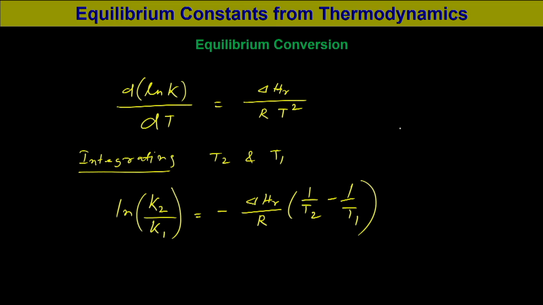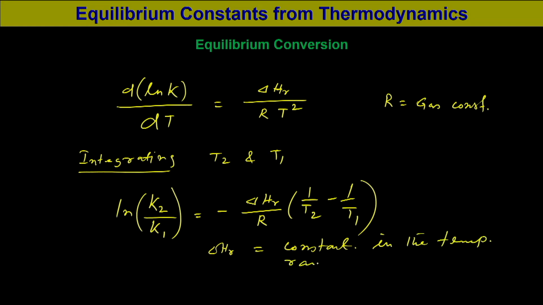So, R is the universal gas constant, T is any temperature here, and while integrating it is assumed that delta H r is considered as constant in this temperature range, and hence taken out from the integral sign.